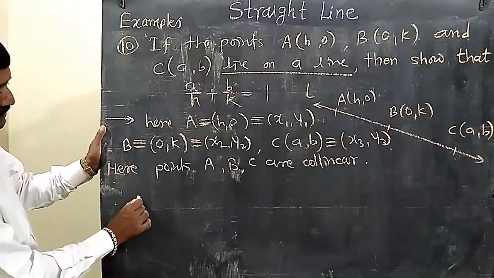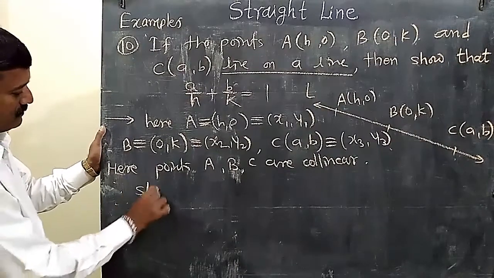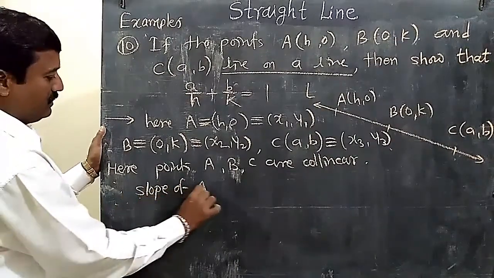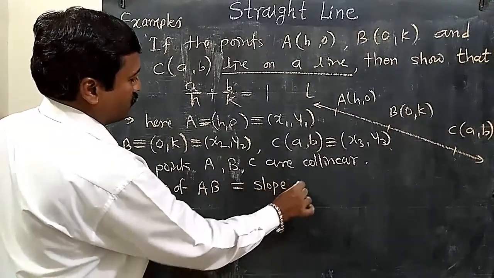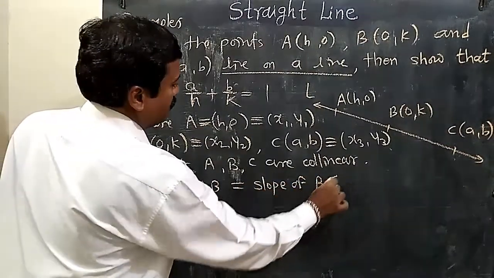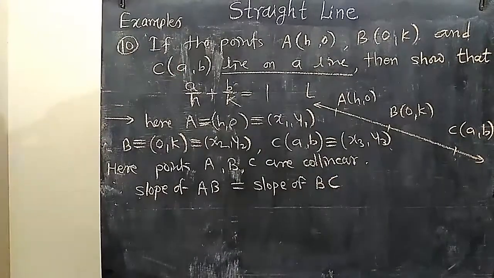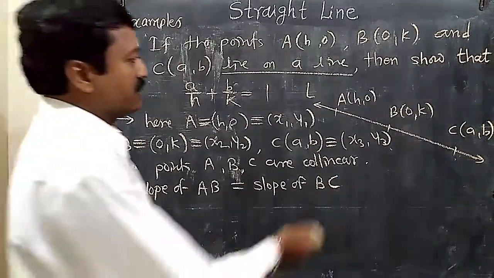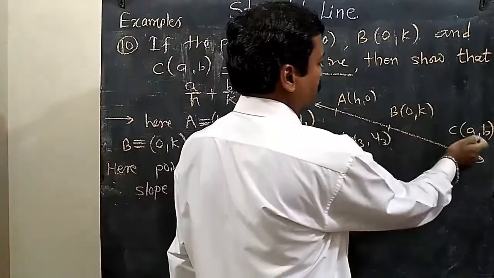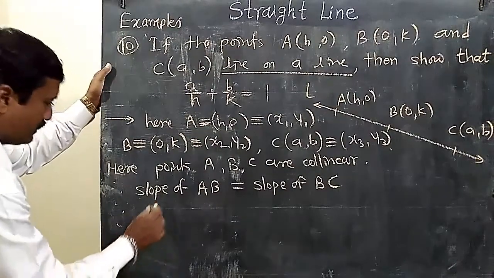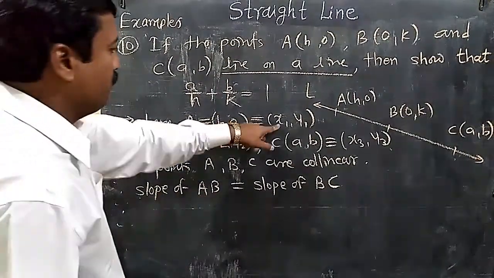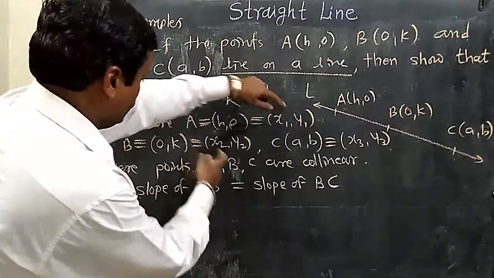Therefore, slope of AB is equal to slope of BC, or you can take slope of AC equal to slope of BC. Anyway, let us take slope of AB, with A and B as (x1, y1) and (x2, y2).